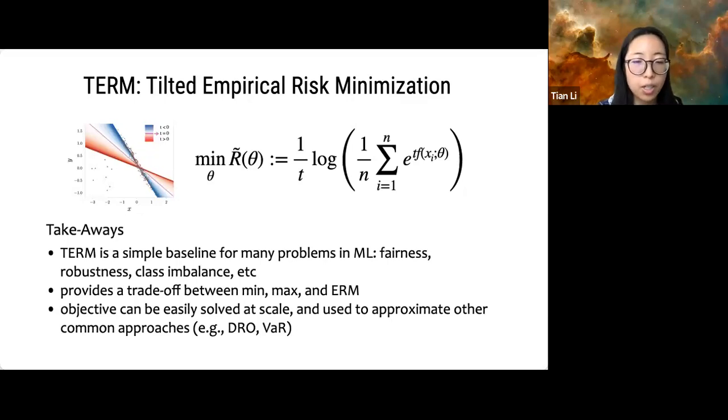And then it provides a trade-off between mean loss to max loss and ERM. And then this objective can be easily solved at scale, and it can be easily used to approximate other common approaches. I should also mention that the idea of tilting is not new, it's coming from the exponential tilting literature, which has been studied a lot in statistics and information theory. But here in this work, we look at tilting for machine learning.